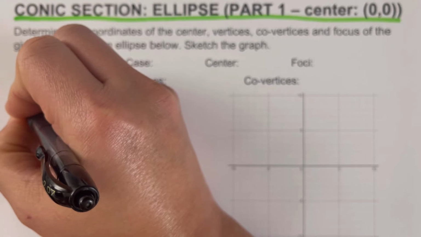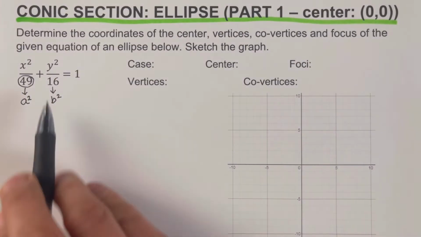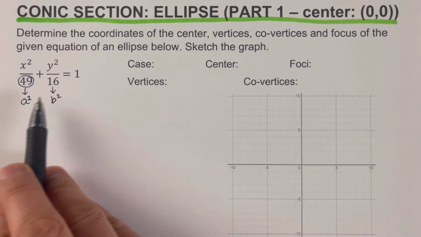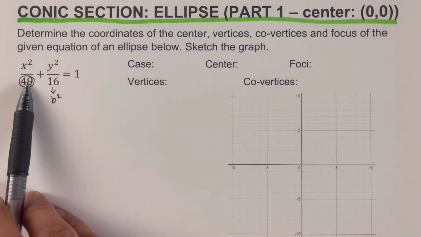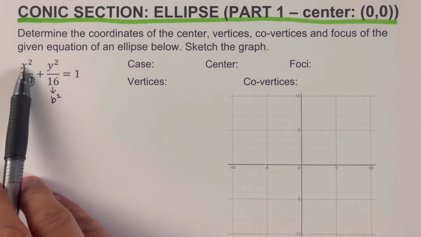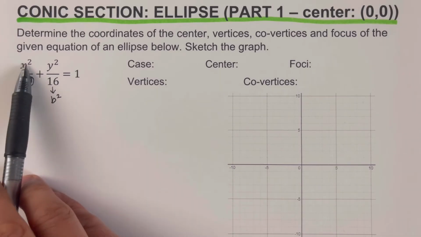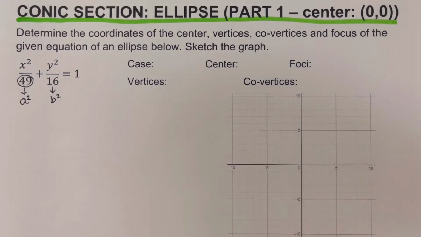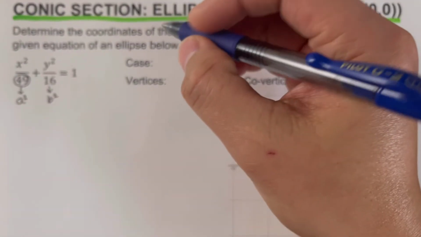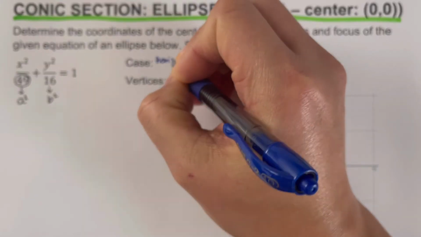So in this case, we will take 49 as our A squared and 16 as our B squared. Now looking at this, the 49 is under the x squared. So it's the denominator of x squared. This means that this is an example of a horizontal ellipse. I'm going to write that down here.